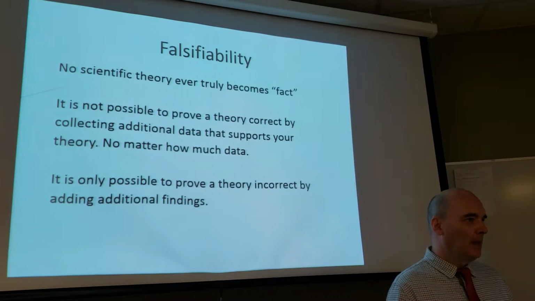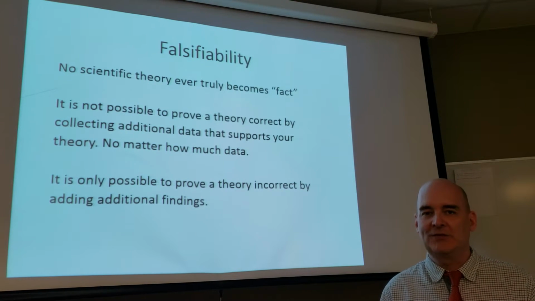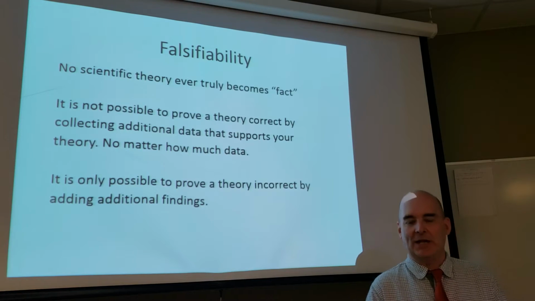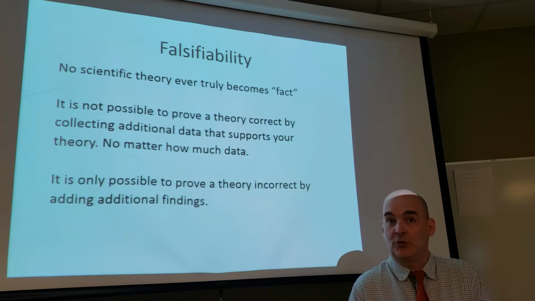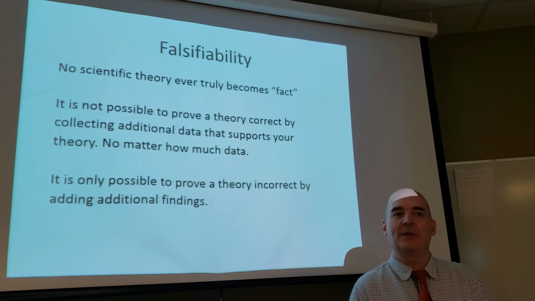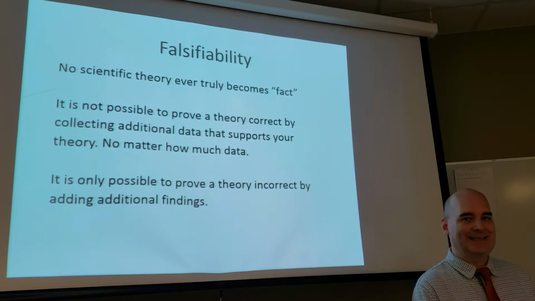And so if I just continuously add more positive data to my pool of evidence, that does not necessarily mean that I am proving my argument to be true. In fact, all I would need is one contrary piece of evidence to prove that my theory is incorrect.